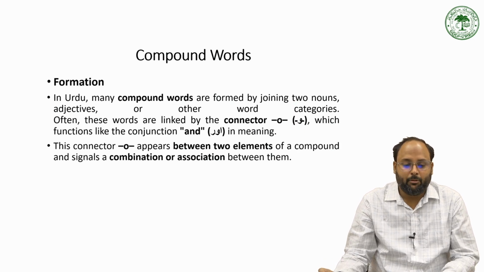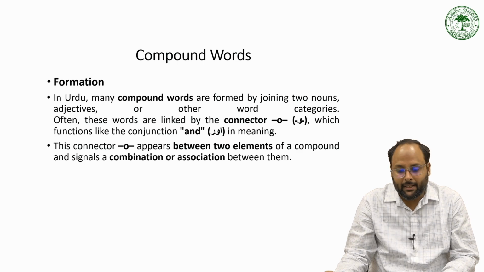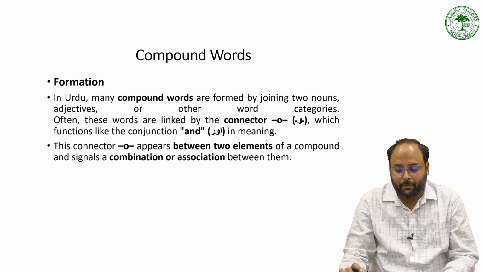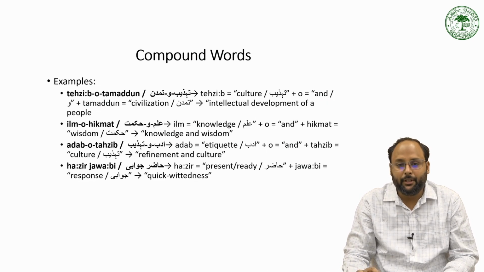So there is an example in Urdu: compound words are formed by joining two nouns or two adjectives, and they are sometimes linked by the O, which functions as a conjunction. So the connector O appears between these two elements of the compound and signals the combination or association between them.